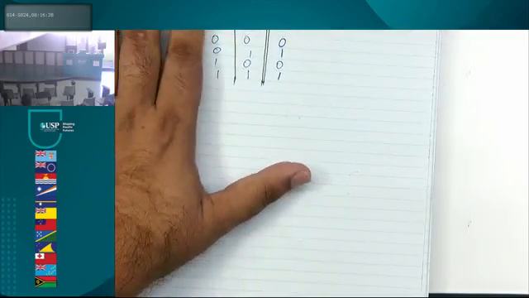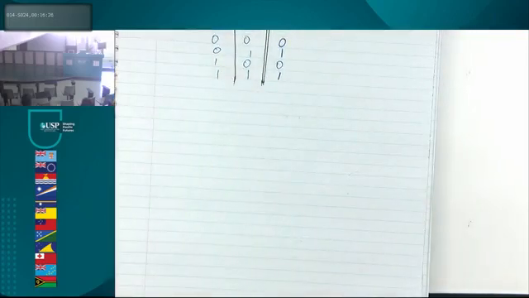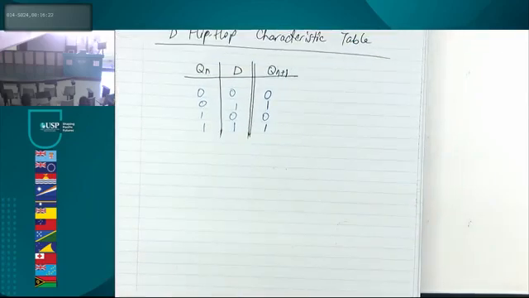What can you tell me is the relationship now of Qn plus 1? If you look at the truth table, without even drawing the Karnaugh map, which I know in the last round we did, what can you tell me about Qn plus 1 as an equation? Yes.